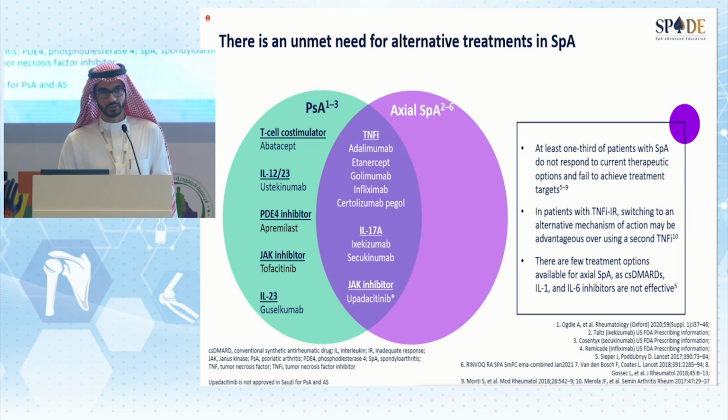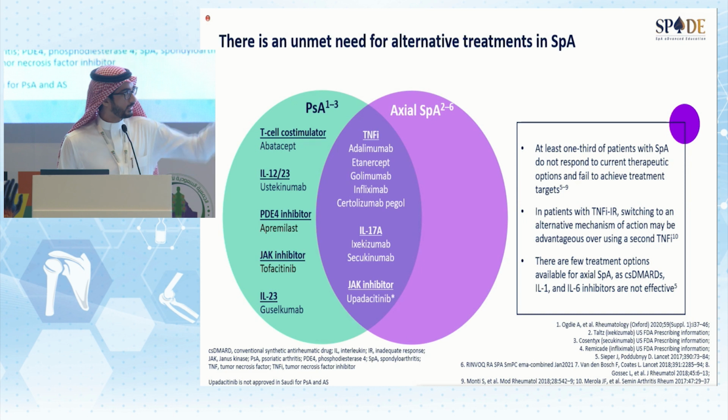As you can see here, we have significant molecular targets when it comes to psoriatic arthritis. However, moving on to ankylosing spondylitis or axial spondyloarthropathy, we don't have specific molecular targets that can be targeted exclusively for this disease.